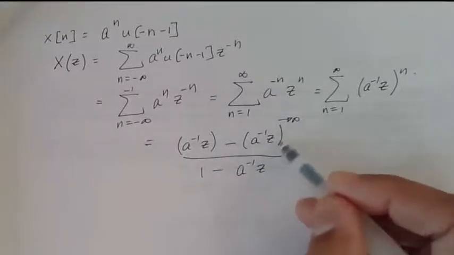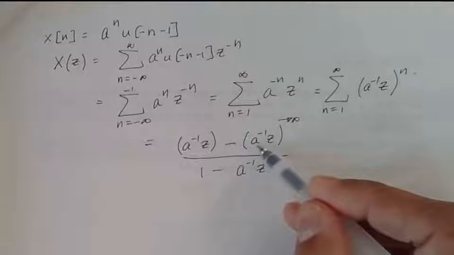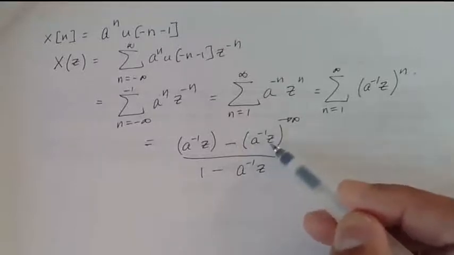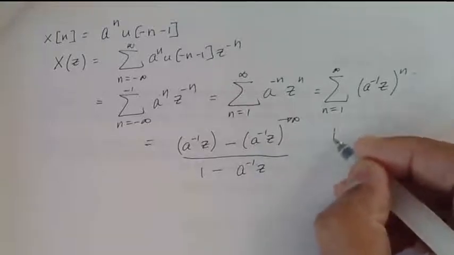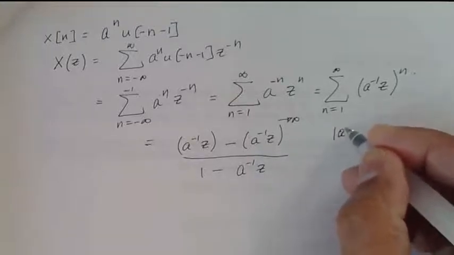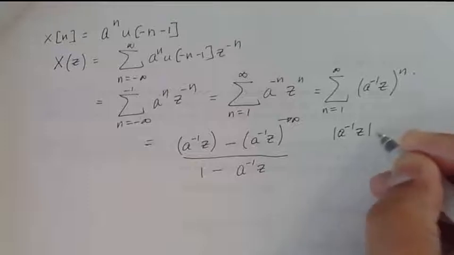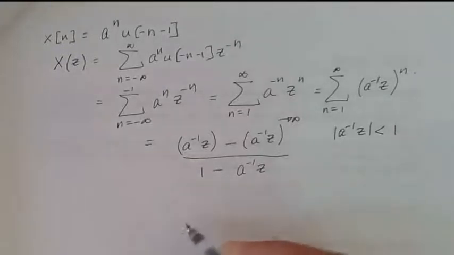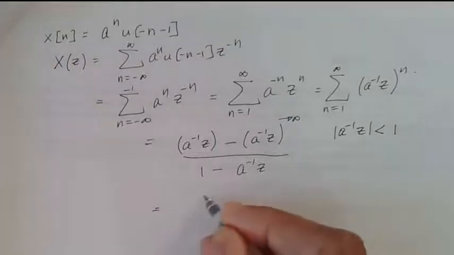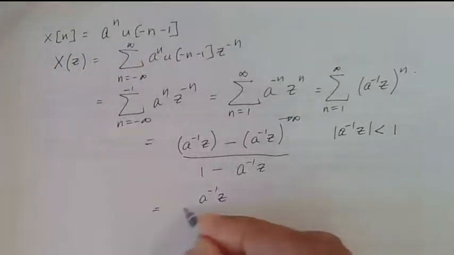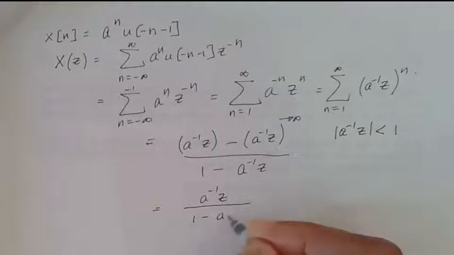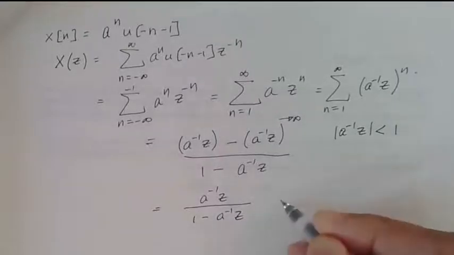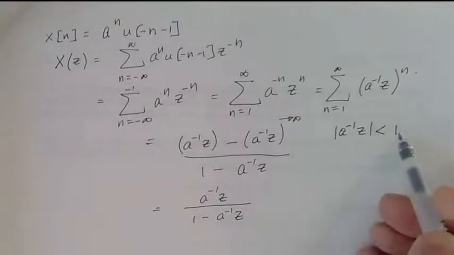So this thing now will either diverge or converge. It will converge when the magnitude of this quantity is less than 1. So the magnitude of a to the minus 1 z less than 1 will be our region of convergence. In that case this will be a to the minus 1 z over 1 minus a to the minus 1 z, and the region of convergence is a to the minus 1 z less than 1.